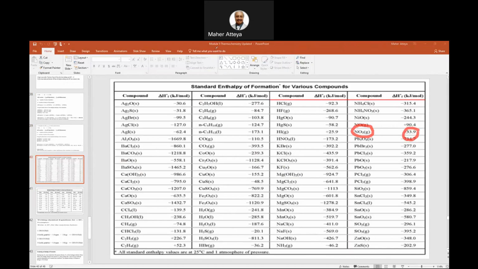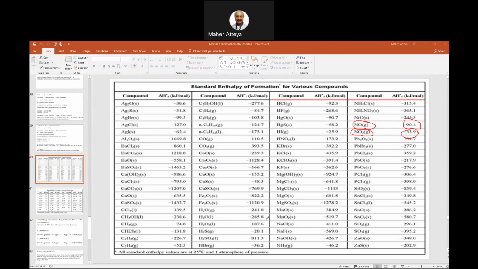Let me take this one out. Get this carbon one. So we need this value here, and you need this value here. Those two values you need. Oxygen, I don't see it.